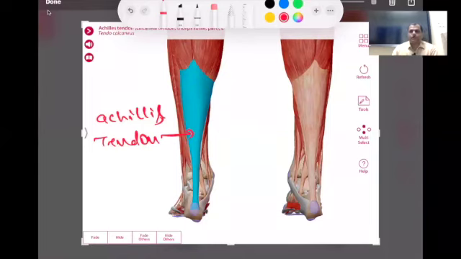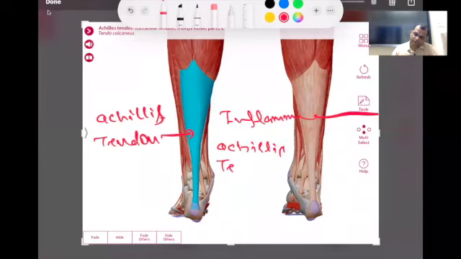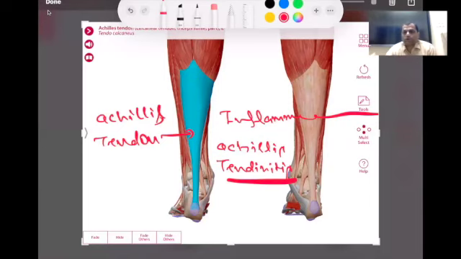With sports, with runners, this gets inflamed. This is called Achilles tendinitis. So this is the second cause of heel pain.